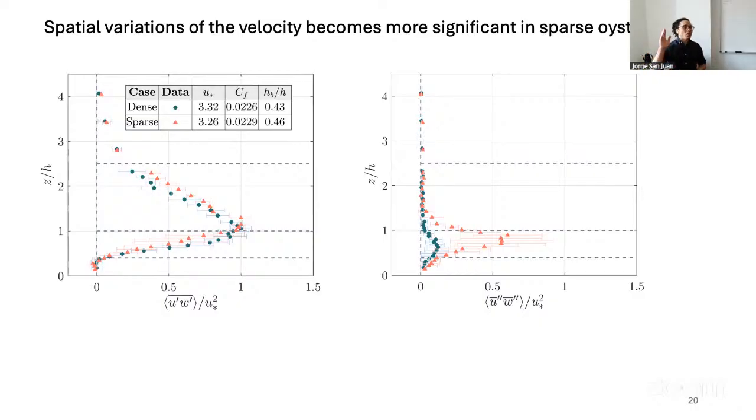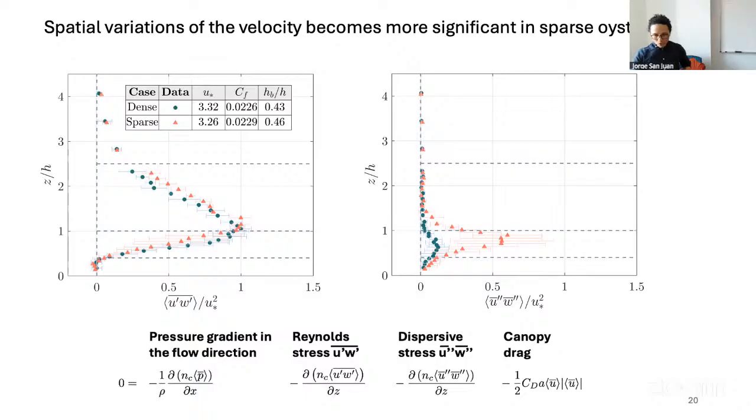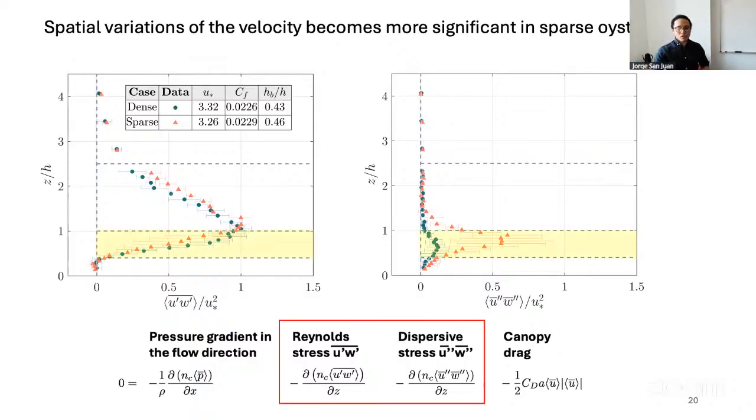As a consequence, our dispersive terms are going to be more important, to the point that they are not necessarily the same magnitude that you would expect for the Reynolds stresses, but they are comparable for the sparse conditions. So where do they participate?